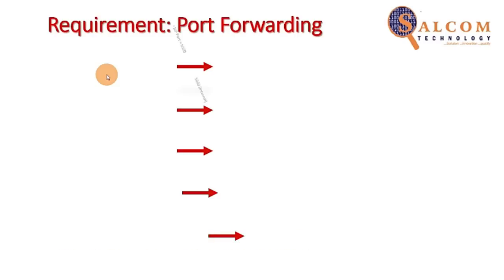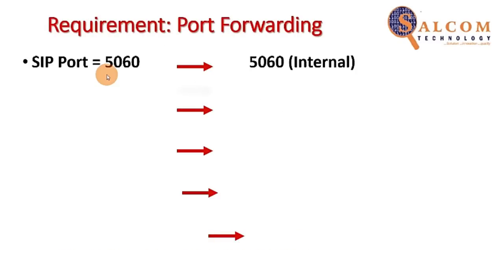So the other requirement is the port forwarding. We must specify some ports that are going to be port forwarded from the external, I mean from the internet, into our server inside, which is the IPBX server locally. In most cases, most of the manufacturers come with 5060 as the SIP port.